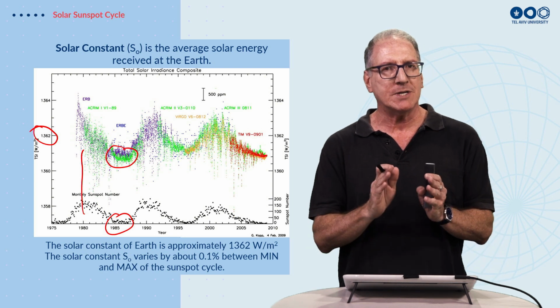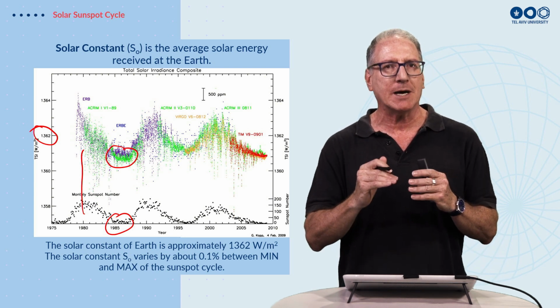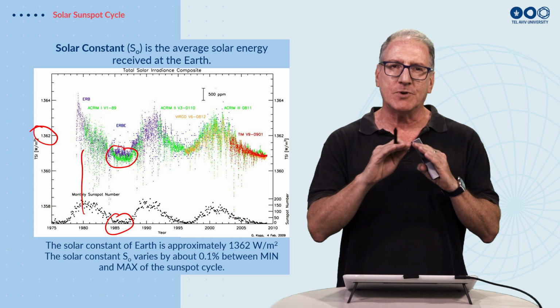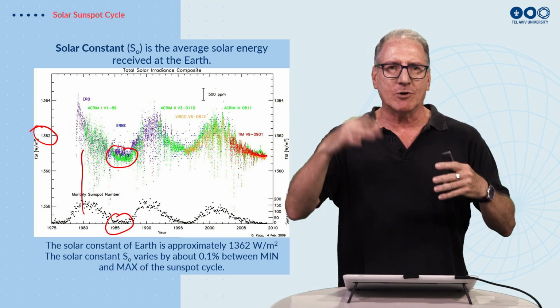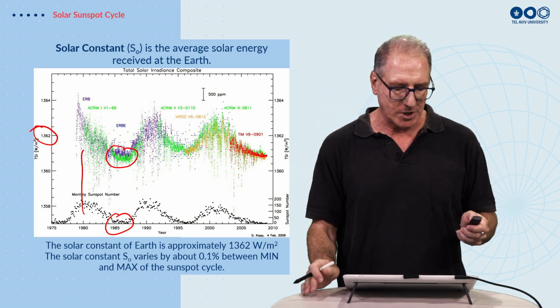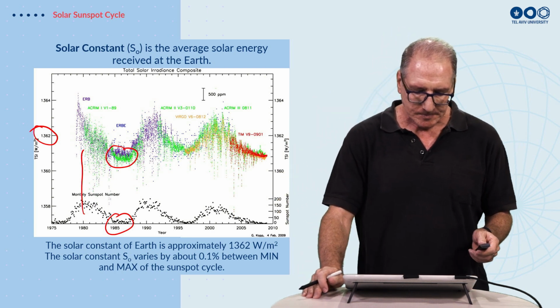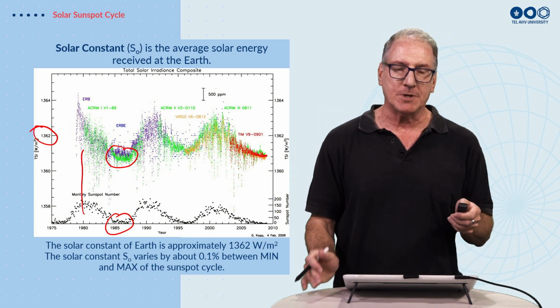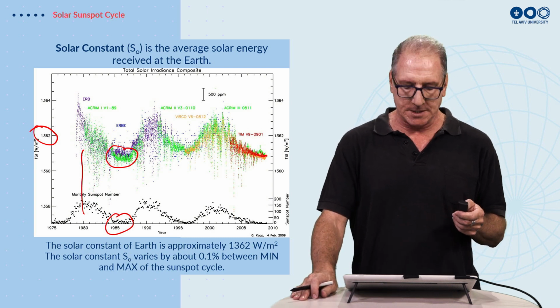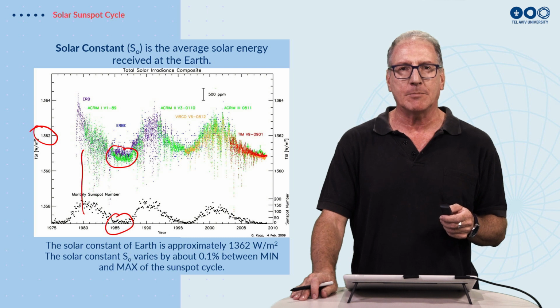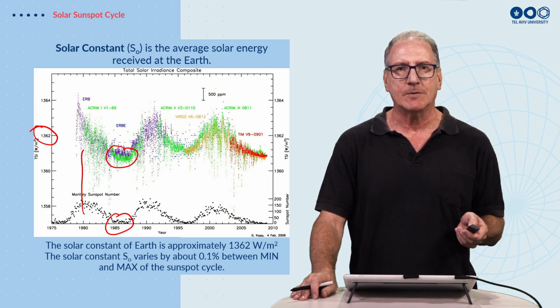So when we don't have any sunspots, we have less energy coming out of the sun, and it's very stable. When we have the maximum storms and sunspots on the sun, we have lots of variability and the maximum amount of radiation reaching the Earth. And as I mentioned, the difference between the minimum and the maximum here is only about 0.1% in the amount of radiation we're getting.